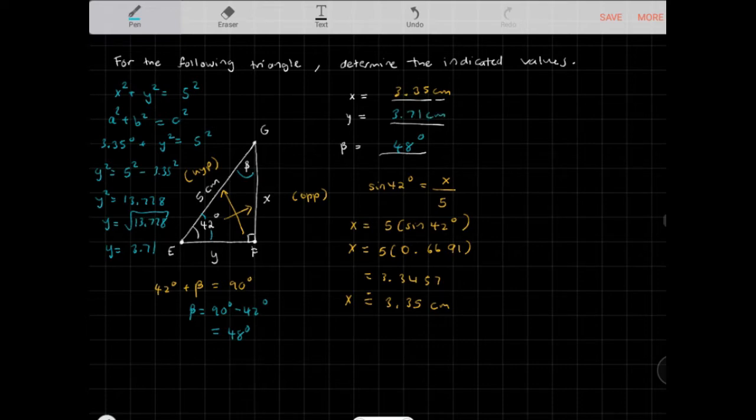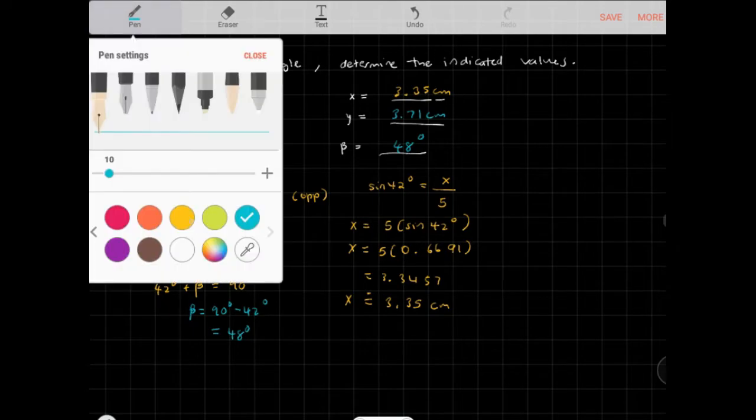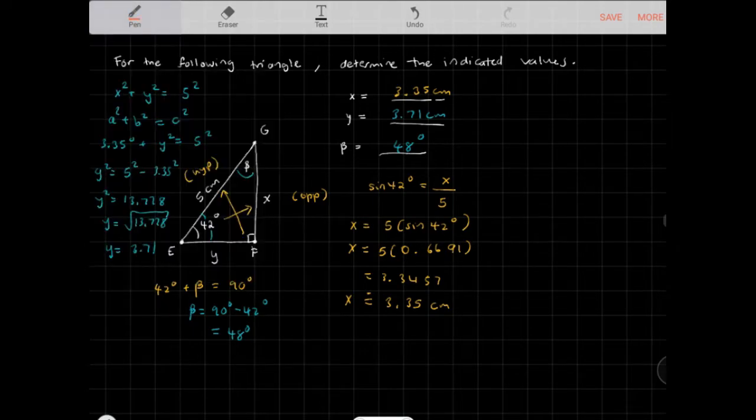I'm going to show you that you're going to get the same answer by evaluating it using the trig ratios. Let's use beta just to show you that you can do this multiple different ways. One of the beauties of math is that you don't have to do it a set way. You can approach problems in multiple different ways. Now, if I use beta here, and we know beta is 48 degrees, this becomes my reference angle, and y becomes the opposite side.